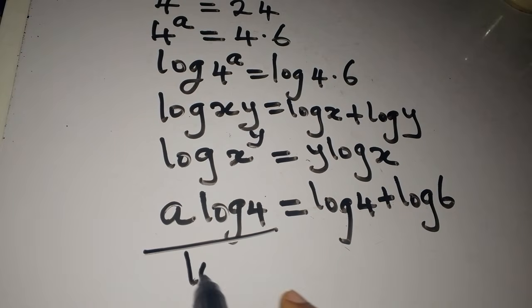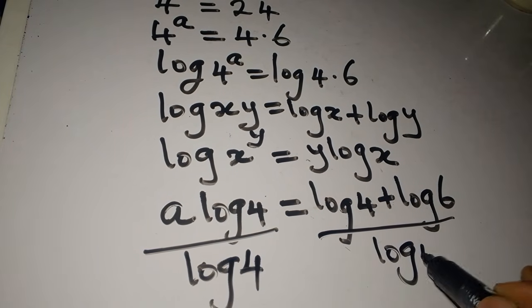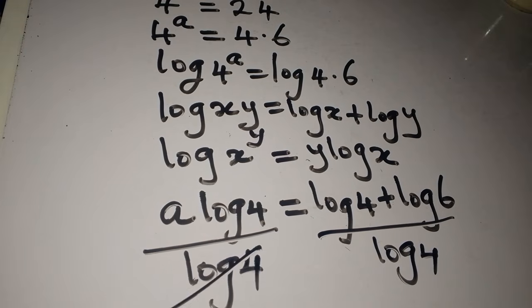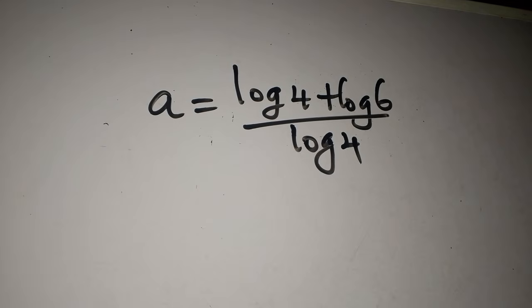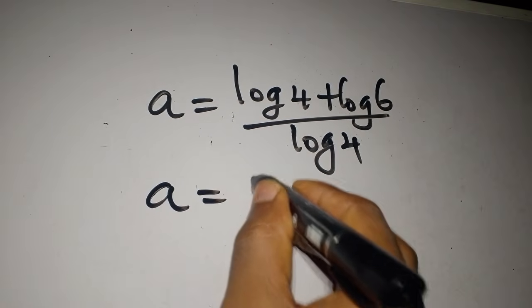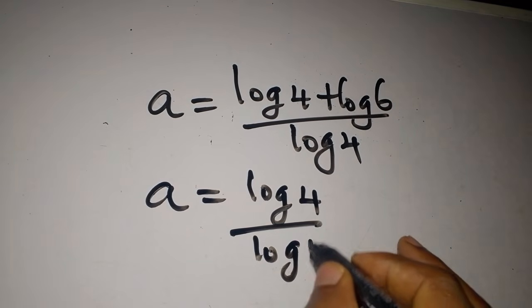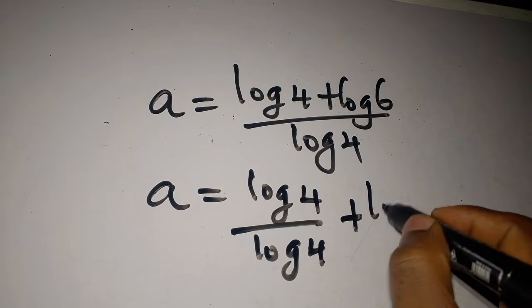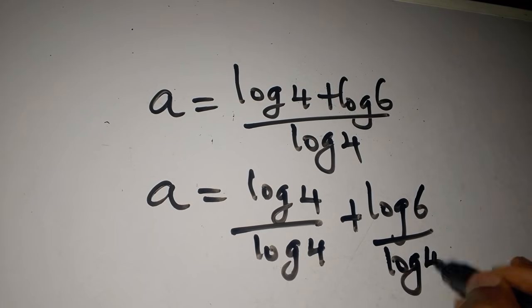So we'll divide this by log 4, then we divide the whole of that by log 4, so that this one can cancel out. So we can simplify what we have there, as we have a to be equal to log 4 over log 4 plus log 6 over log 4.